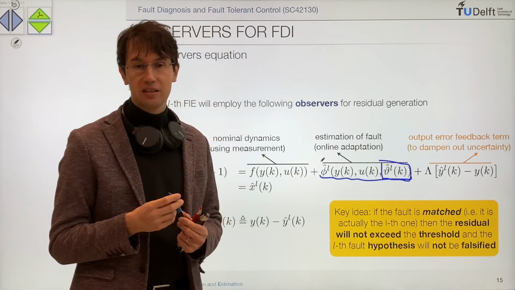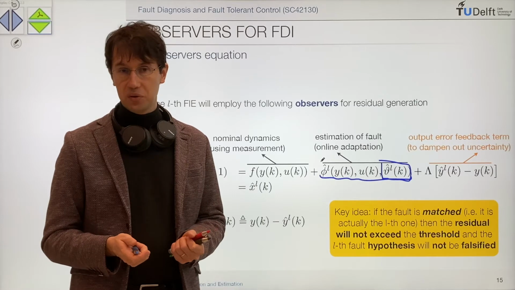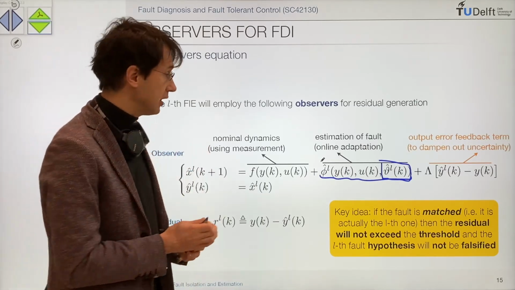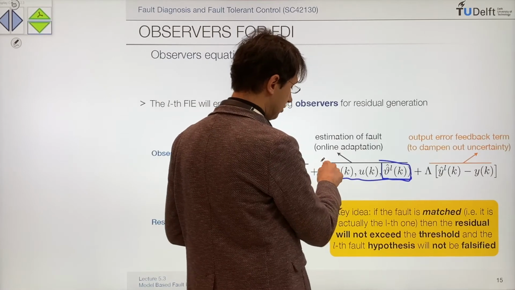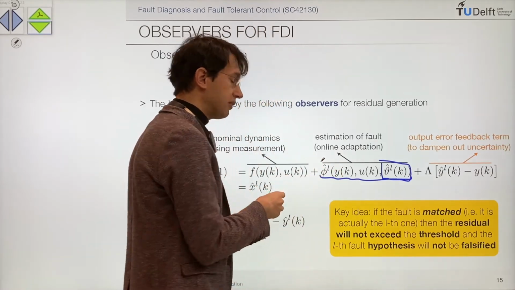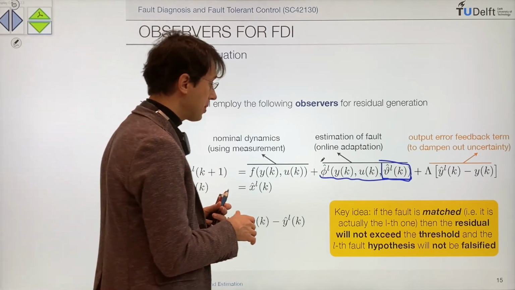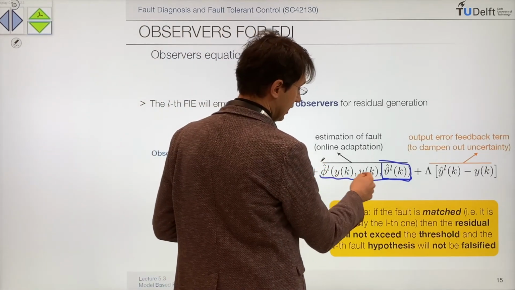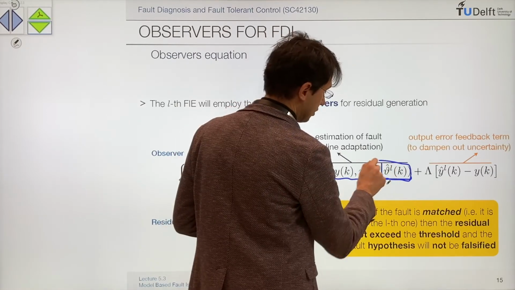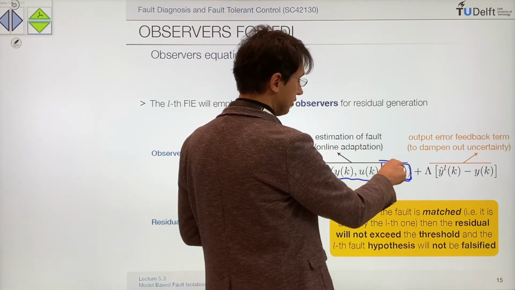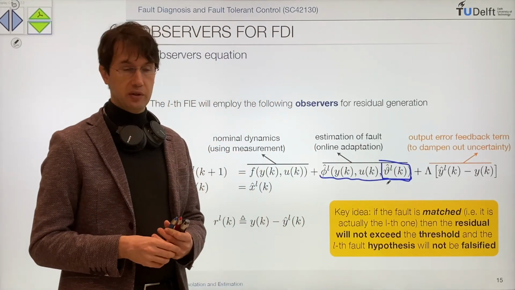Nobody tells us beforehand the magnitude of the fault that is going to occur. So we don't know, we have to estimate. That's the whole thing about that. And so we put a hat to denote this is the function that we are estimating and not the real one. And the function that we are estimating depends on the parameter theta that also has a hat on top, because this is a value of theta that we estimate as well. So initially we don't know it.